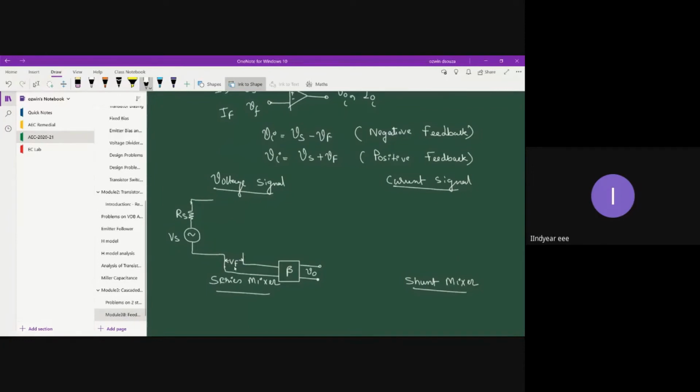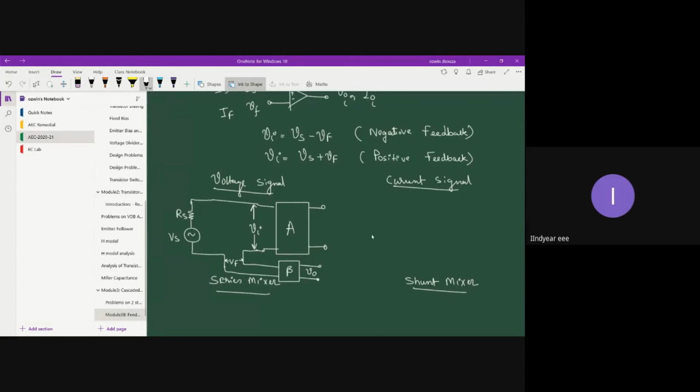This Vf is then added with Vs to get the overall input Vi. This Vi is then connected to the amplifier. So this is the concept of series mixing.